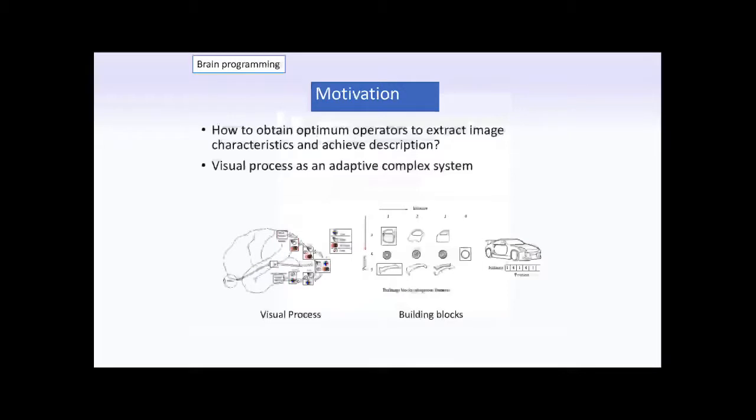The motivation is how to obtain the optimum operators to extract image characteristics and achieve description. Traditionally, in evolutionary computing, the first works were related to some kind of objects, like in computer graphics or in the object theory of geons.